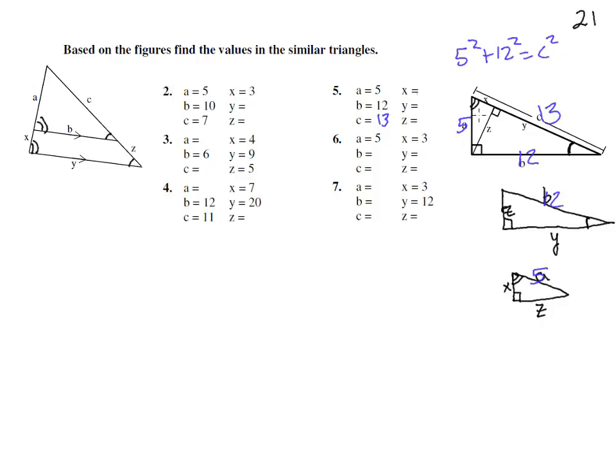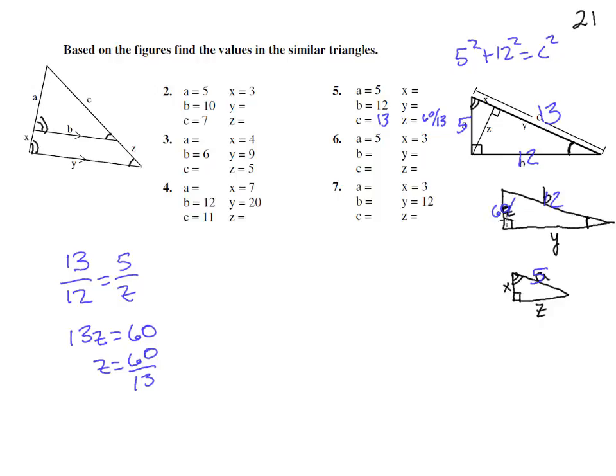Now, can we find any of these others? Yeah, because we have this full triangle up here, we can draw it to this one. 13 is to 12 as 5 is to Z. Let's write that out. 13 is to 12 as 5 is to Z. All right, we can multiply, so we get 13Z equals 60. So Z equals 60 thirteenths. Good, let's put that up there, 60/13.